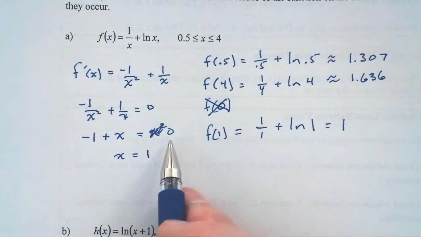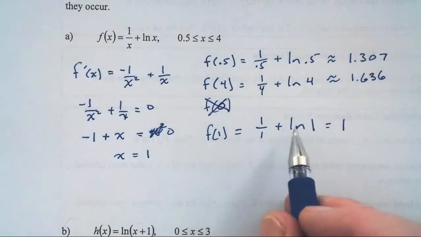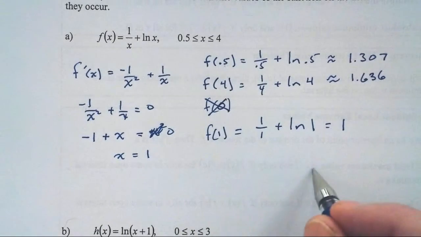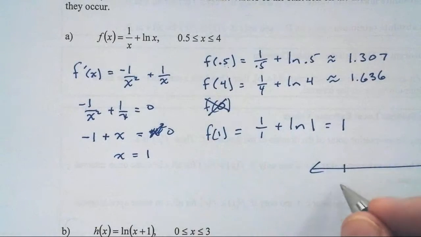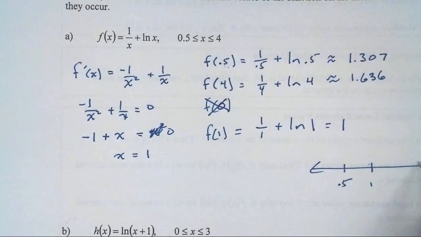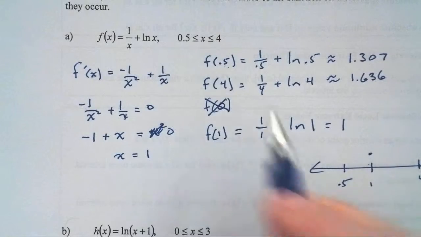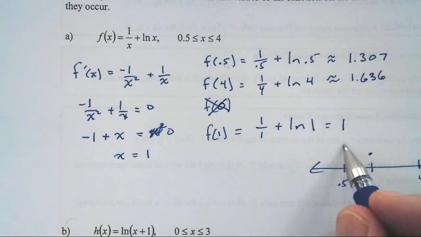It's also the only 3 points where the graph levels off. Let's consider this for a second. 0.5 is my smallest, I move to 1, and I move to 4. At 1, I'm up 1. At 0.5, I'm up a little bit further than that.